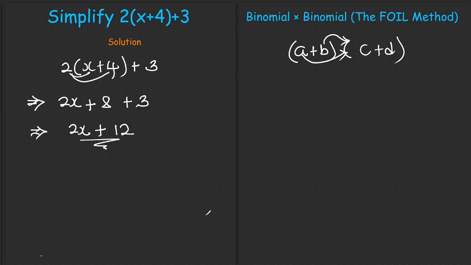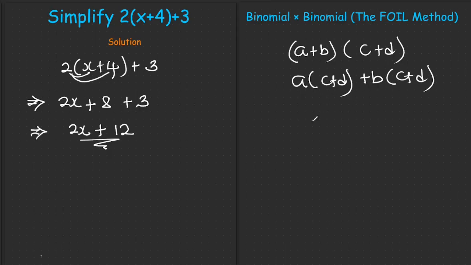That is, A multiplies C plus D, and then plus B multiplies C plus D. By so doing, you have rewritten your binomial times binomial as a sum of two monomials times a binomial.